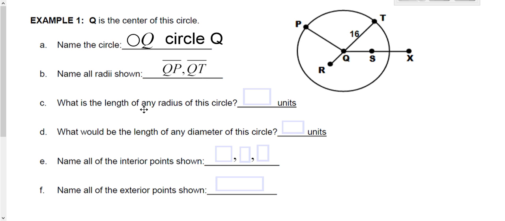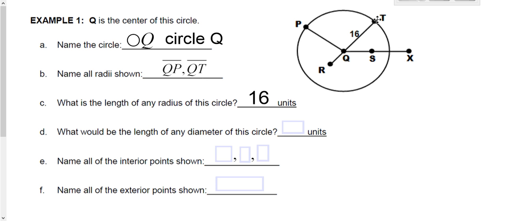Then it asks, what is the length of any radius? A radius is halfway across, going from the center to here. I see it's labeled right here, 16 units. This radius would also be 16. Any radius is 16. That's where the circle gets that equidistance from the center. What would be the length of any diameter of this circle?